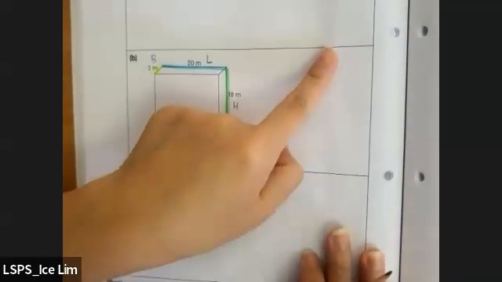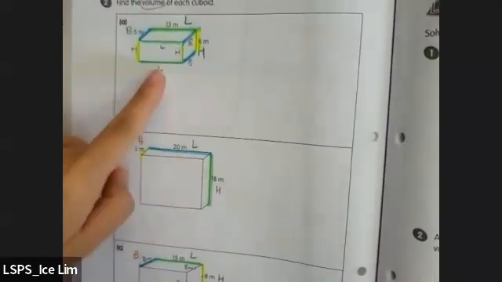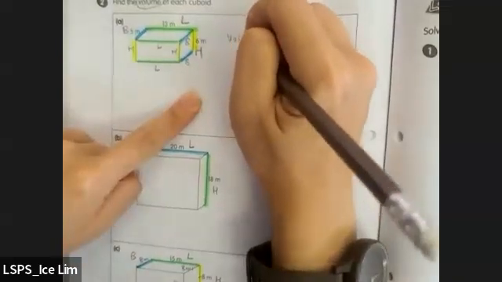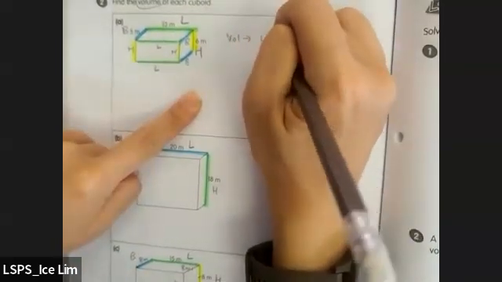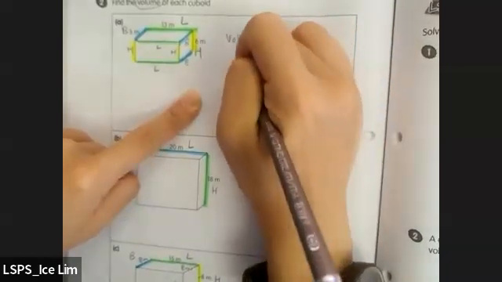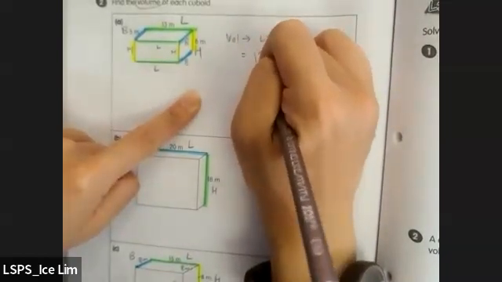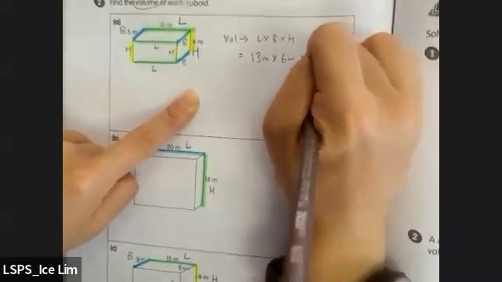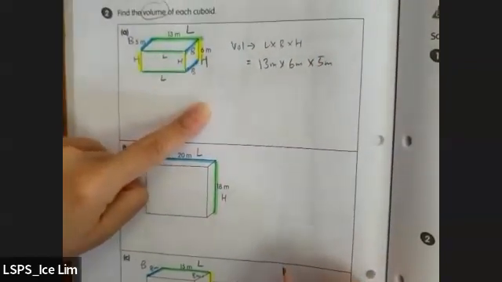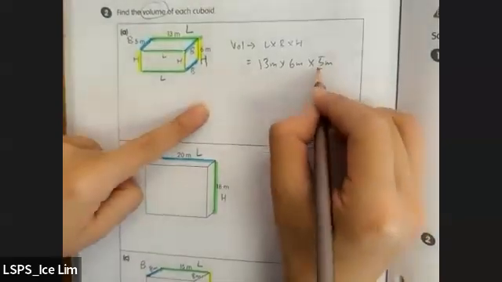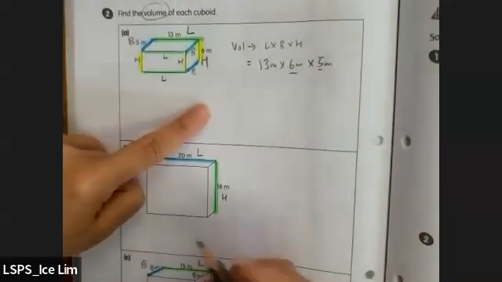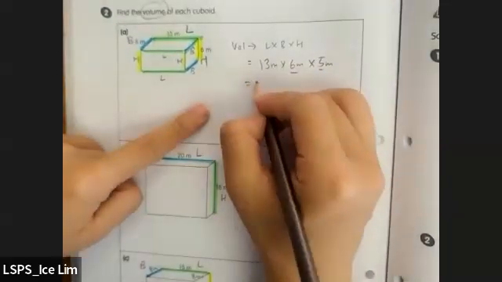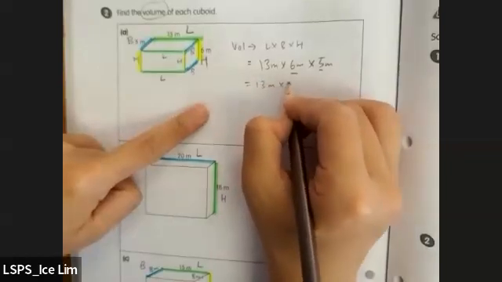Okay, so over here, looking at this question, volume equals length times breadth times height. Right now, I remind myself it's 13 meters times 6 meters times 5 meters. For me, I like to see the 5 times table. 5 times table is very helpful. So I'll do the 5 times table first.